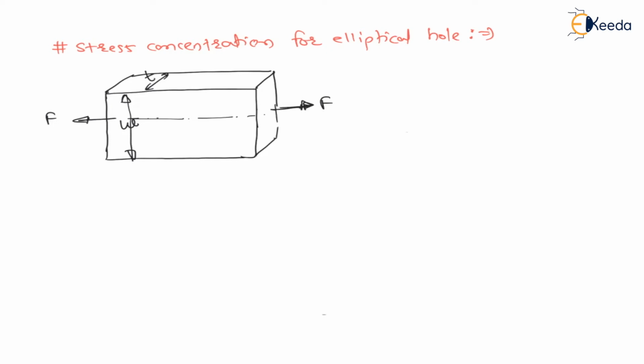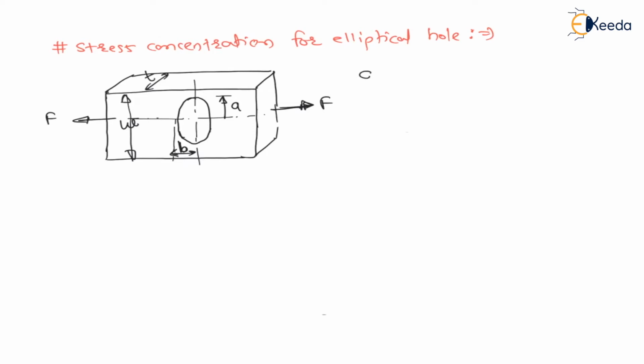Now let us say there is an elliptical discontinuity, which looks like this. This is an ellipse. For this ellipse, let the vertical semi diameter be a and the horizontal semi diameter be b.